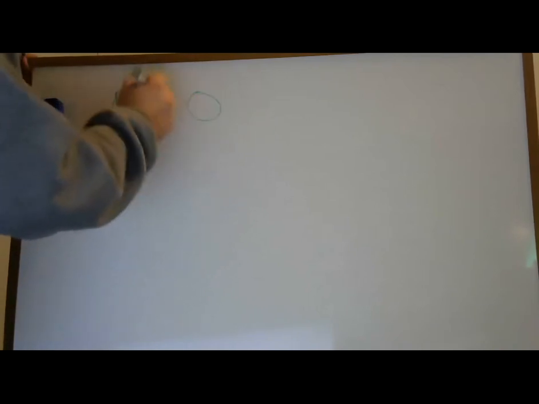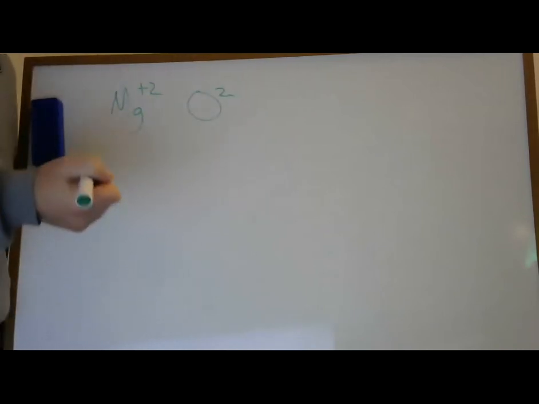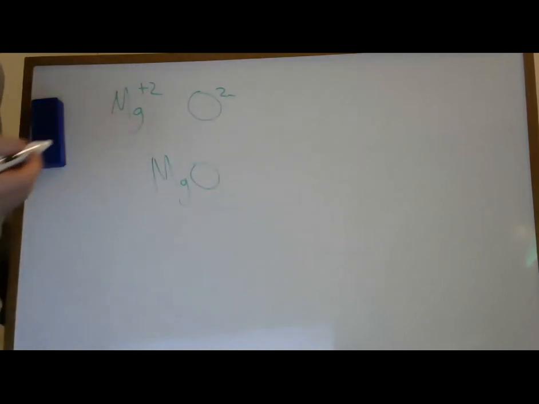Group 2 lose 2 electrons to form +2 ions. So magnesium and oxygen turn, and we get magnesium oxide. Group 6 elements, which is oxygen, gain 2 to form -2 ions.